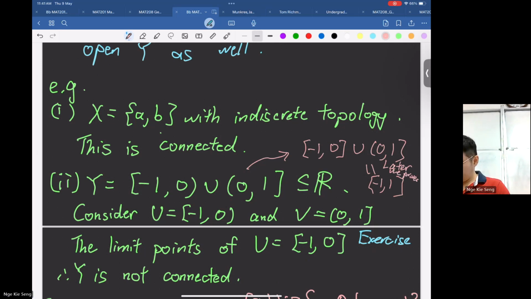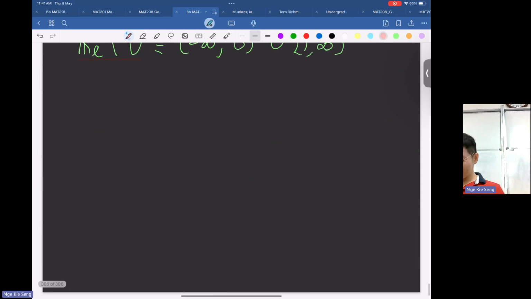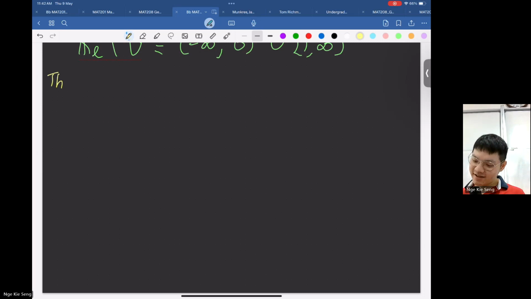Then how much time do we have left? Oh, actually we will prove it now. Okay, let's prove it now. So the next thing on this agenda is exactly this theorem here.